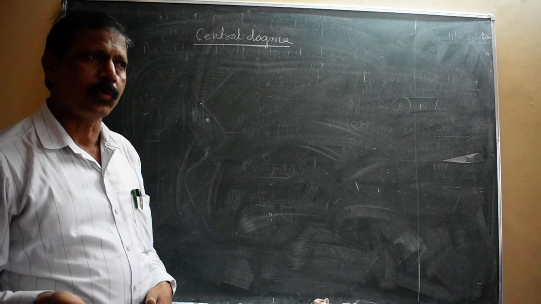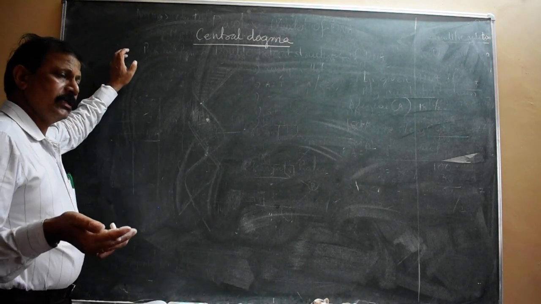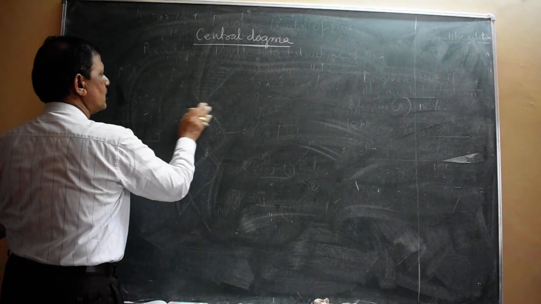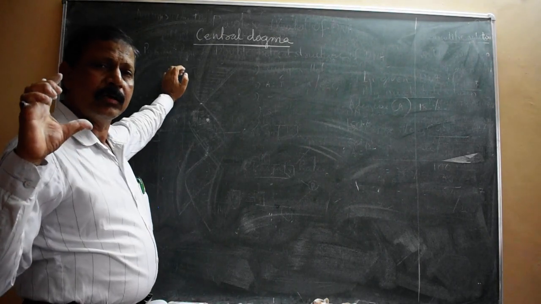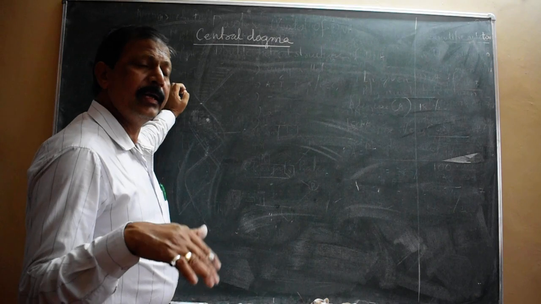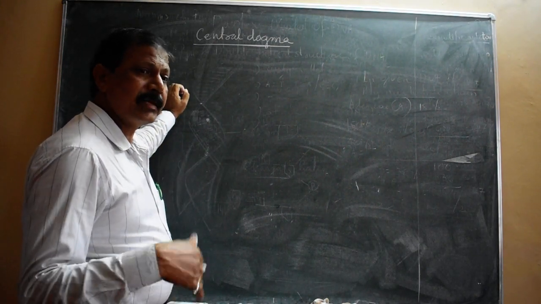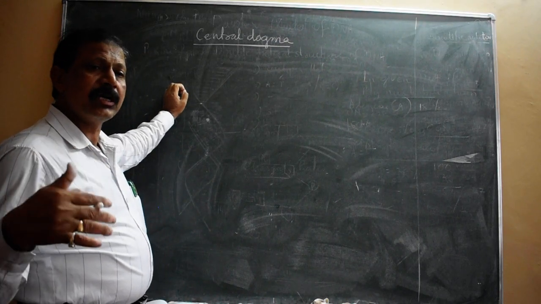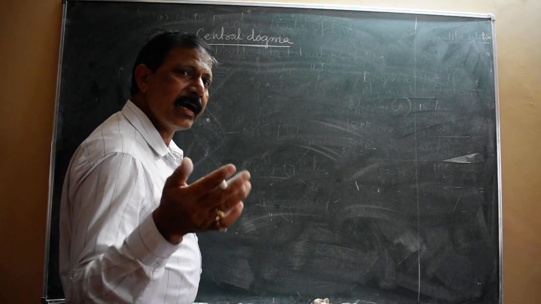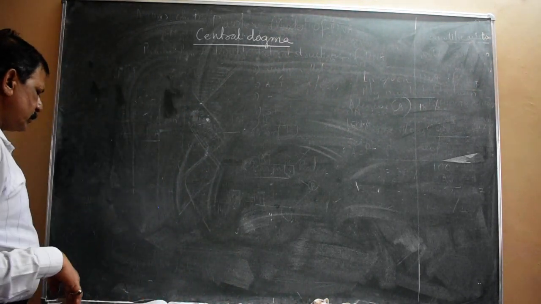DNA plays a very important role during the synthesis of protein and many more metabolic processes in which the DNA molecule acts as the main molecule, and it also plays a very important role in the inheritance of characters. That inheritance of characters is shared from one cell to another cell, and from one generation to another generation.